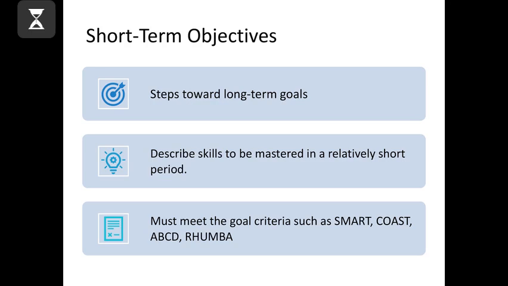So maybe one of the short term goals is that A, they can independently put on their shoes. B, that they can pull the tongue of their shoe, adjust the tongue of their shoe. Then the steps of shoe tying could be broken down. So those are the short term objectives to meet the long term.